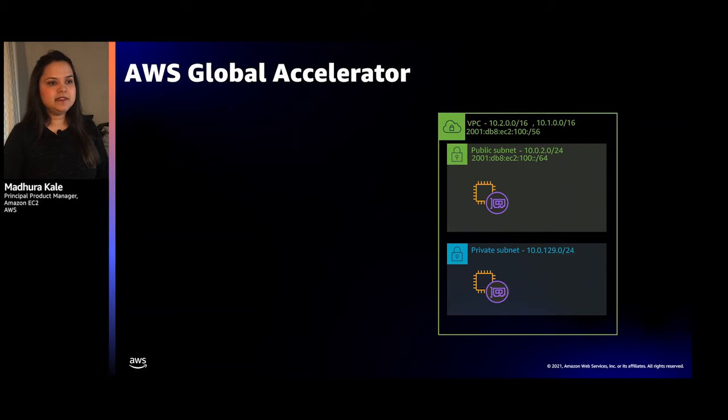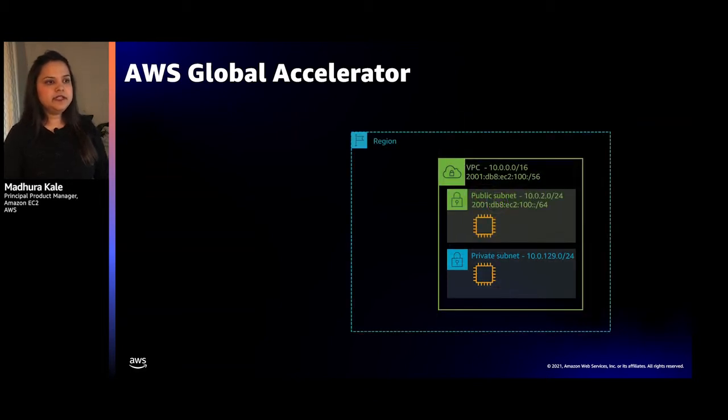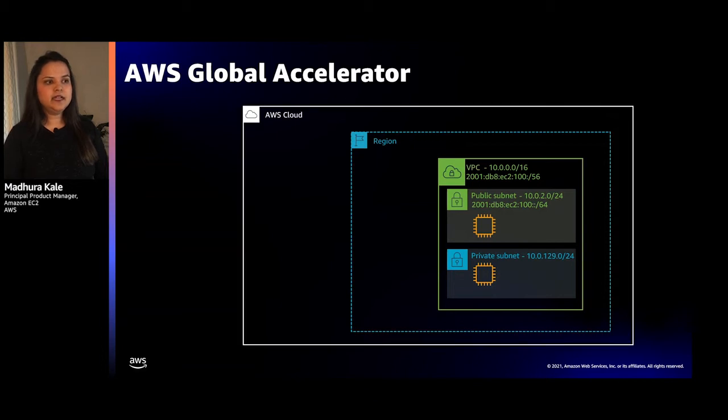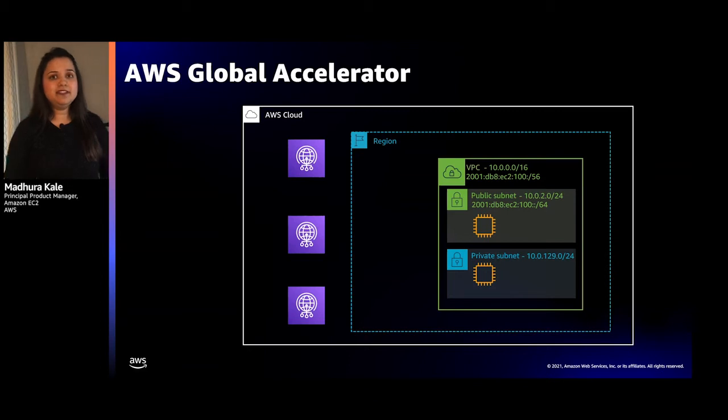Let's look at this VPC where I have something running. I'm going to zoom out a little bit. There's your region. This is the AWS Cloud. Now, Global Accelerator is a collection of over 96 points of presence around the world. When you create a global accelerator, we give you 2 static IPs.